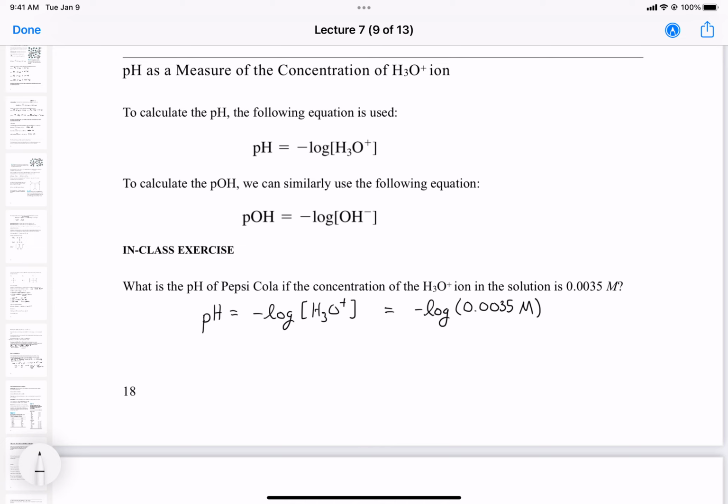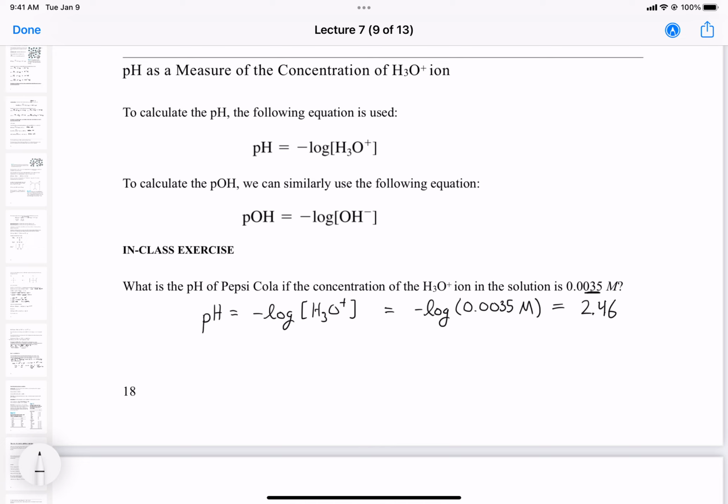Okay, so when we do that, we will get out a number, and in this case, we're going to say it's 2.46 as our pH. Okay, so no units, just a number. So sig figs. If there are 2 sig figs in our concentration, there should be the same number of sig figs in what we call the mantissa.